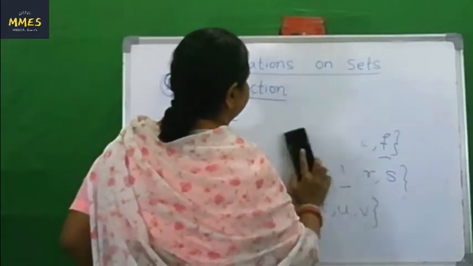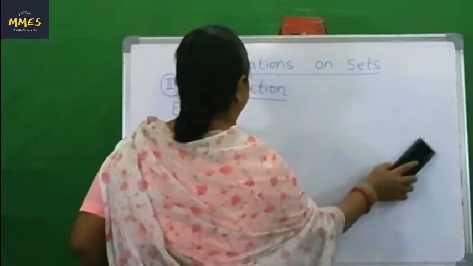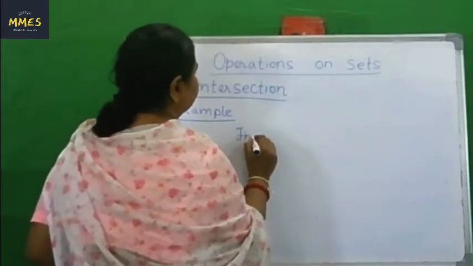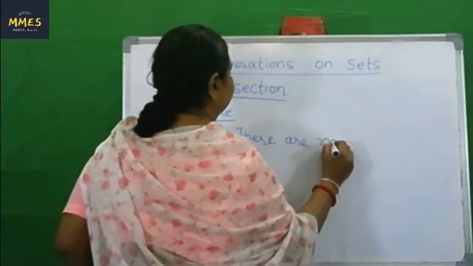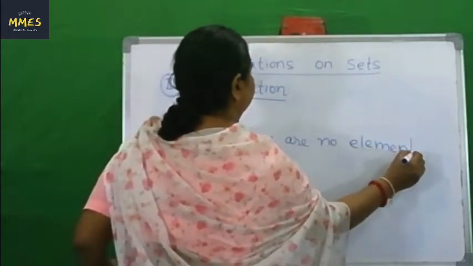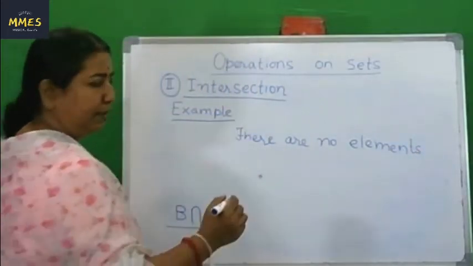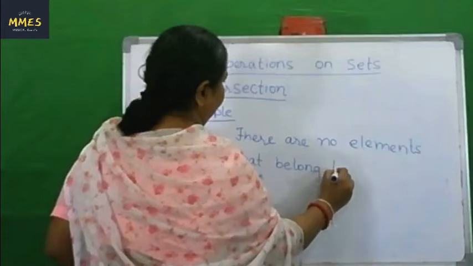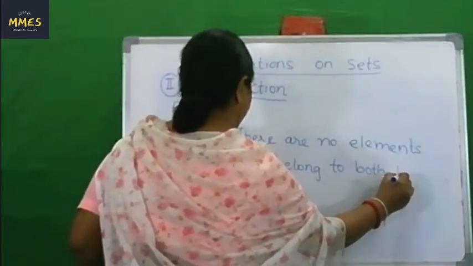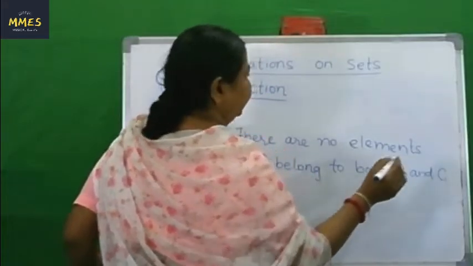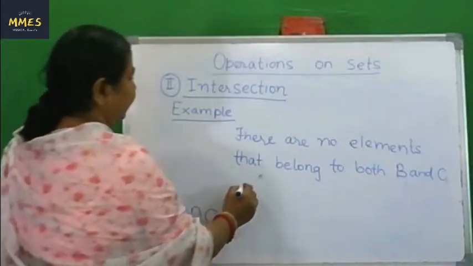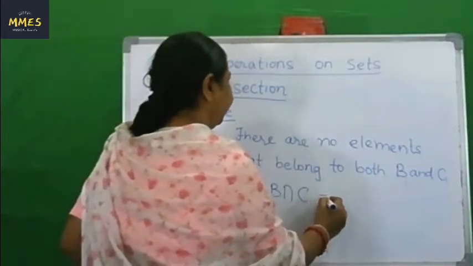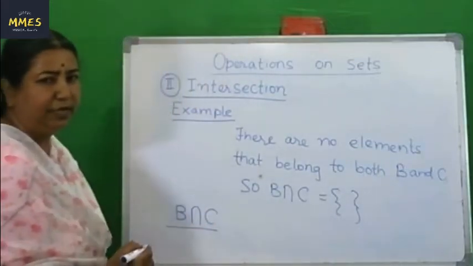So we write this as: there are no elements that belong to both B and C. So B intersection C is equal to null set or empty set.